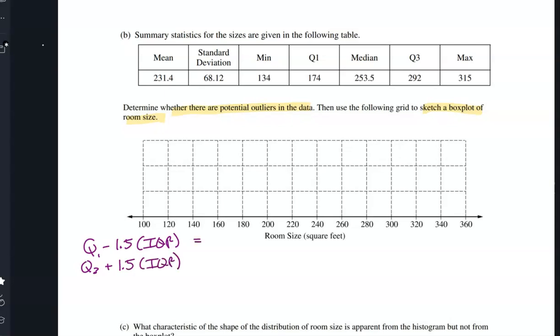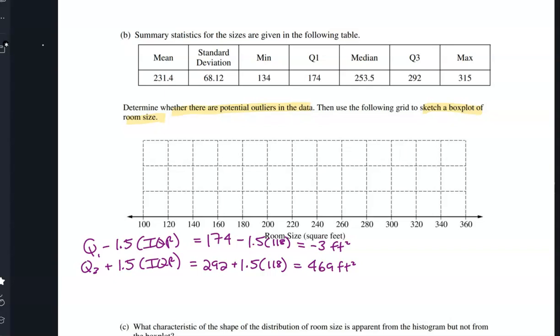So this would be 174 minus 1.5 times 118, which we found earlier, and 292 plus 1.5 times 118. This gives us -3 square feet, and 469 square feet.